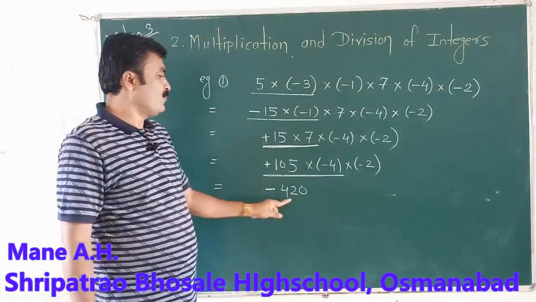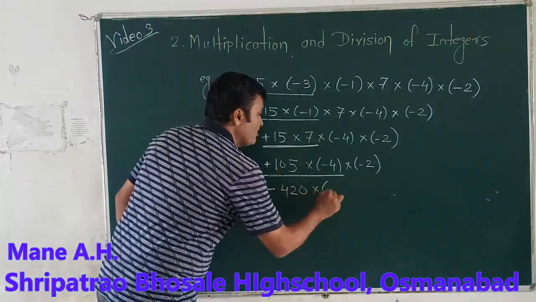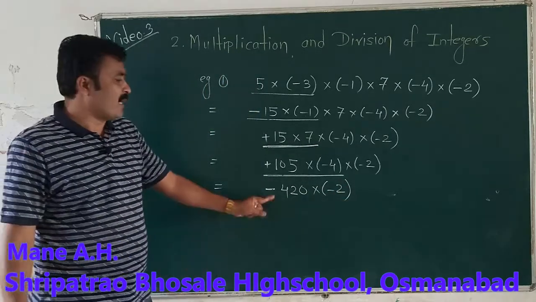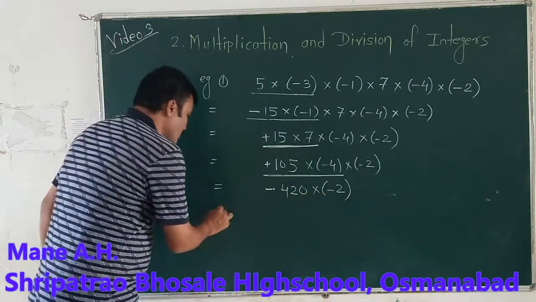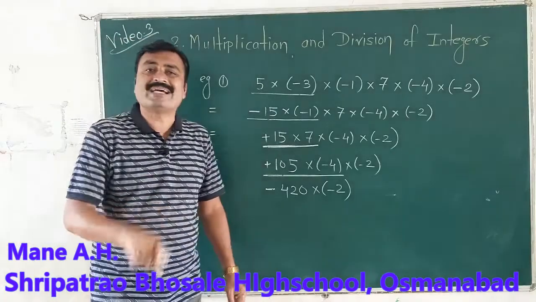So minus 420 we get. Thereafter into minus 2. Now this is our last multiplication: minus 420 into minus 2. In this last multiplication we have two negative integers.